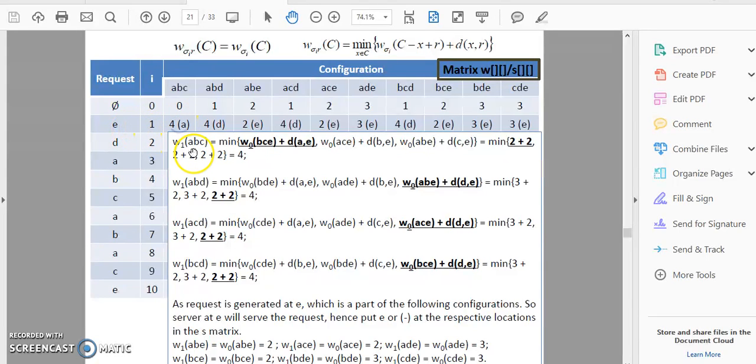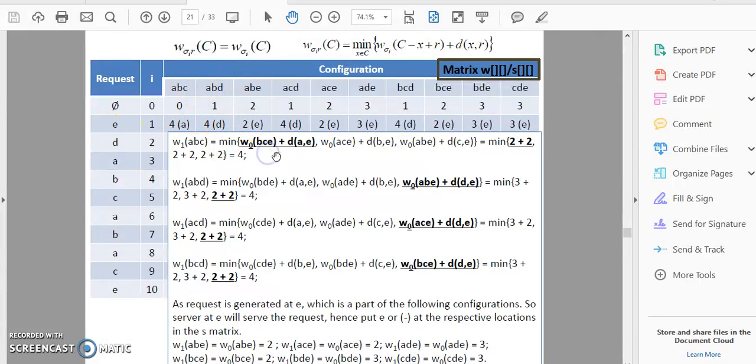So W1 at ABC is equal to the minimum of the following. Suppose we remove the server at A and move it to E: remove A from here and put E at the end.